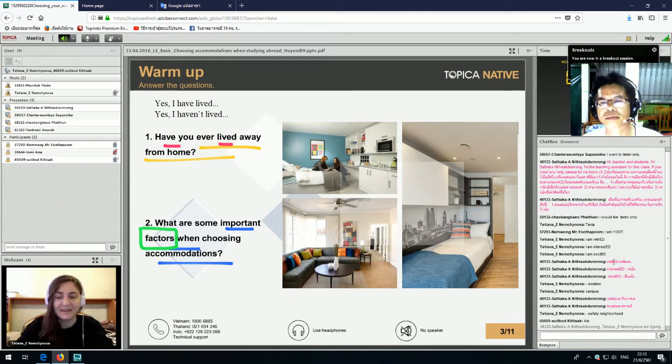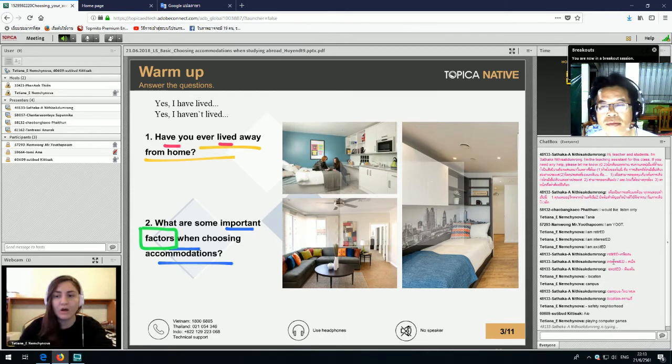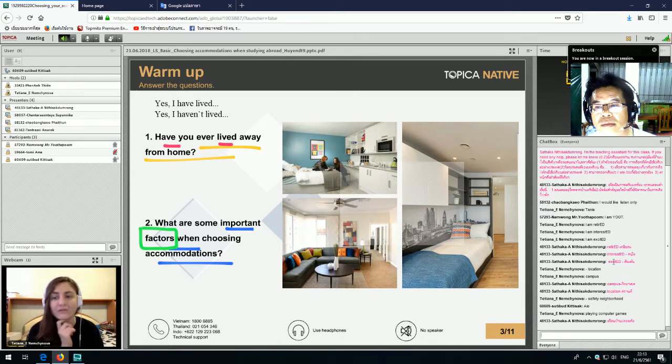Playing computer games. Okay, can you please repeat how to pronounce your nickname again? Yeo. Okay, that's really funny pronunciation, so I will try to remember it, but I don't promise.